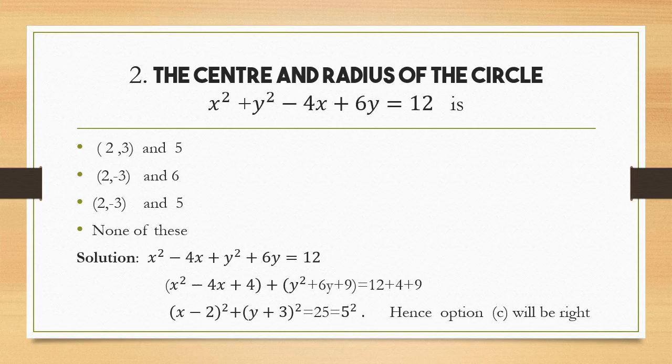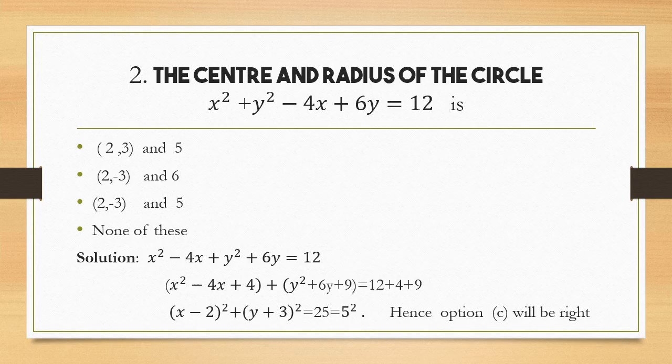Again I wrote plus 9 on the right hand side. Therefore, x square minus 4x plus 4 looks like x minus 2 the whole square, plus y plus 3 the whole square. And when you add all terms on the right hand side, it is 12 plus 4 plus 9, that is 25, which can be written as 5 square. Now it looks a bit like the standard equation, but you need to do a little work.